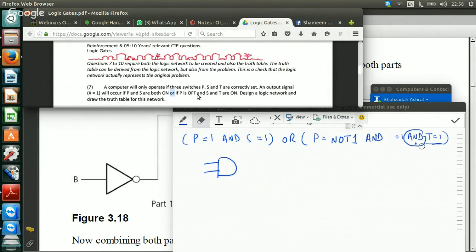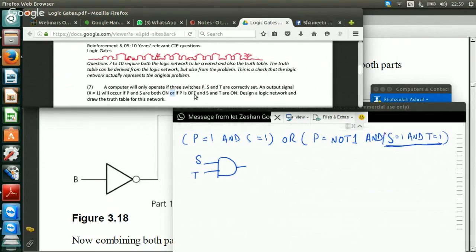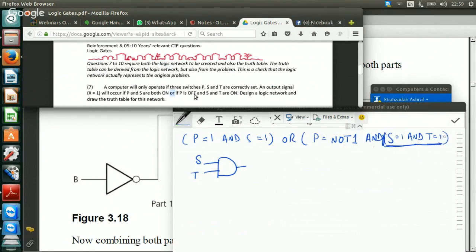The inputs of this AND gate are S and T. Okay, so S and T are the inputs of this AND gate, and we have solved this part. So what is the rest of the part in this bracket? This. So now we have to make another AND gate. There will be another AND gate.